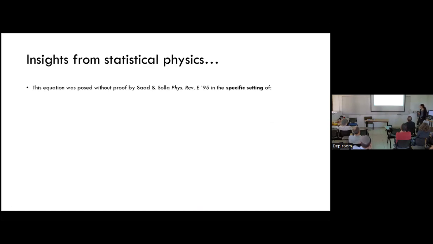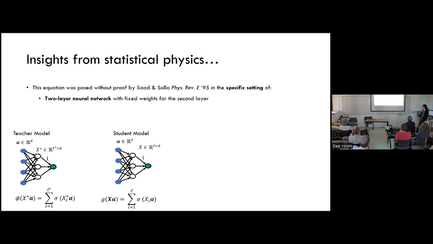This was presented in the seminal work by Saad and Solla, in which they studied a simple teacher and student model, in which the teacher was a neural network with a fixed number of neurons, generating data, and the student was also a neural network, but with a different number of neurons.